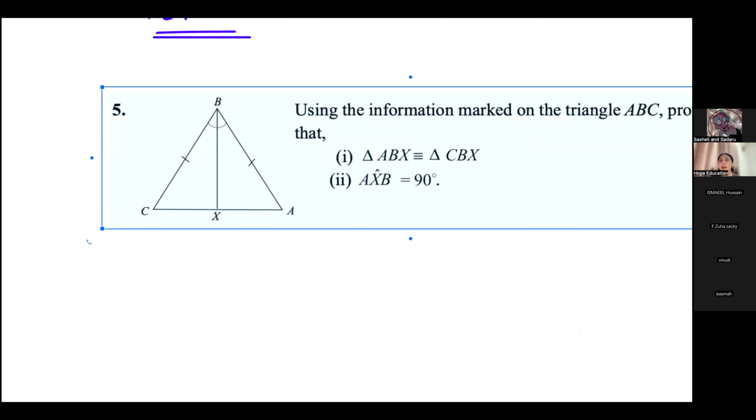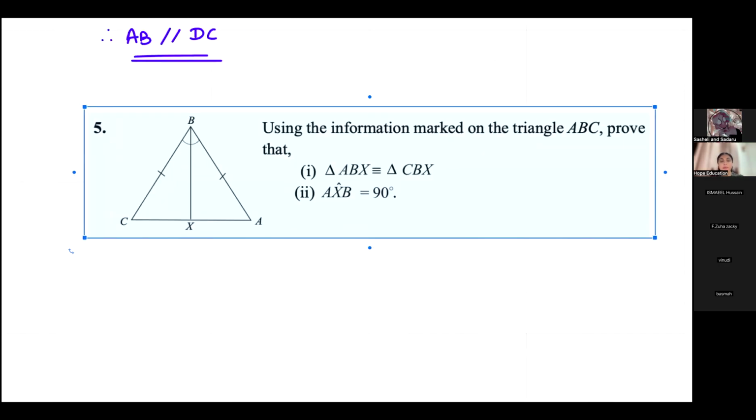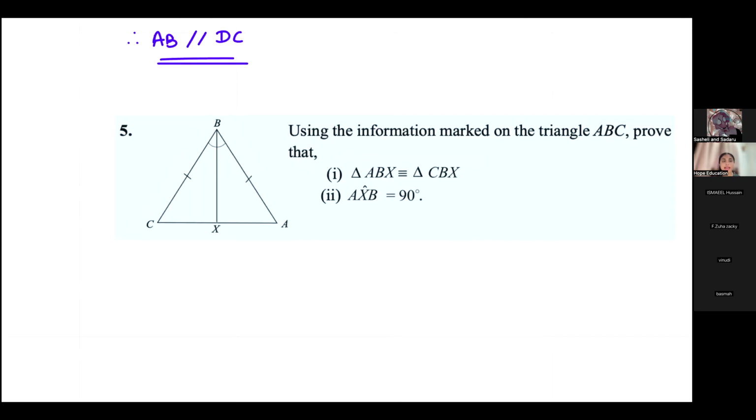Using the information marked on the triangle APC, prove that ABX, this triangle, is congruent to CBX, this triangle. So we have to show that these two triangles are congruent.